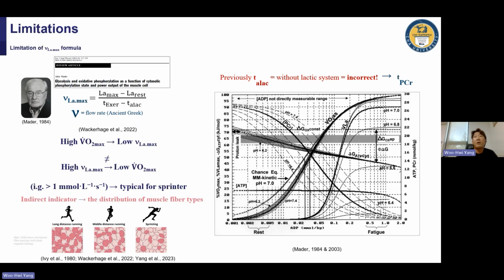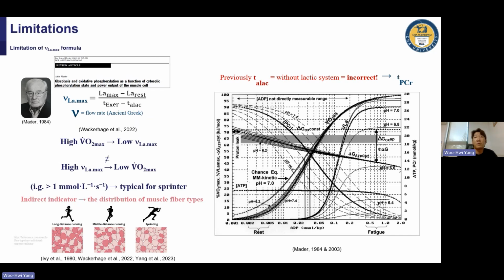This variable also indicates that the distribution of muscle fiber types might be considered when interpreting high or low PvLa.max values in individual athletes with higher muscle mass and more glycolytic type 2A and X fibers, who show generally higher lactate production during exercises.